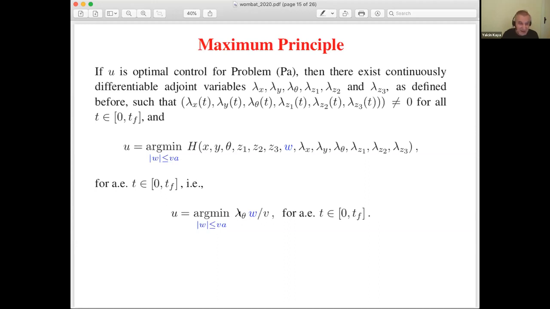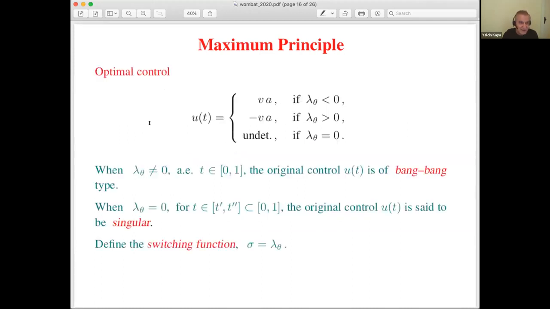When lambda theta is positive, take W to be the minimum possible value in the interval for W, which is negative VA. So we can encapsulate these in this expression. And there's a catch. When lambda theta is equal to 0, we cannot say anything. In other words, the maximum principle does not convey enough information for the optimality of U.